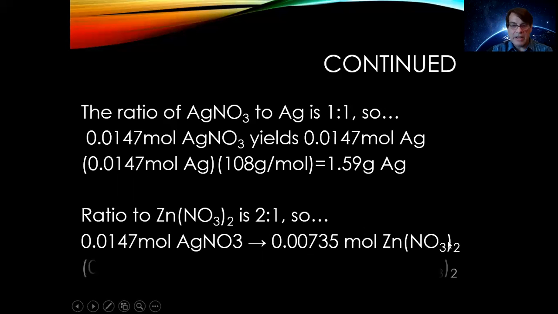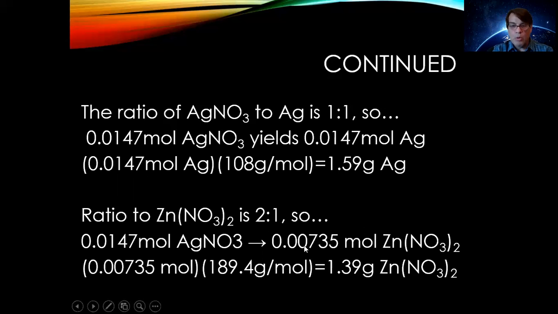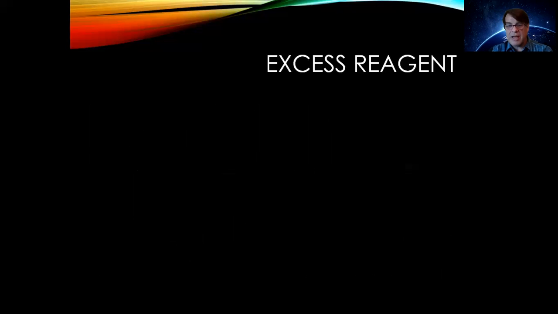Okay, well, what does that look like? Well, I take 0.00735 moles of zinc nitrate, and I multiply it by grams per mole. So the moles are going to cancel out. I'm going to get grams. I did mess up on the sig figs here. Oops. It came out right anyway. It should have just been 189 because 3 sig figs. 1.39 grams of zinc nitrate. All right. Happy days are here again.